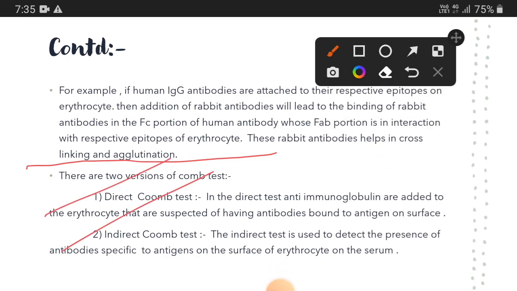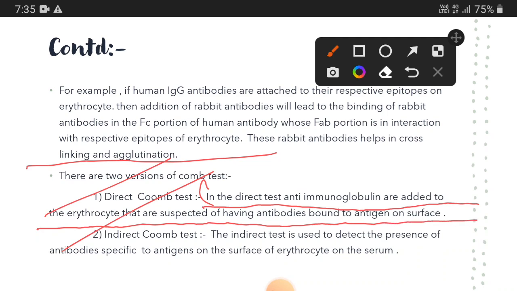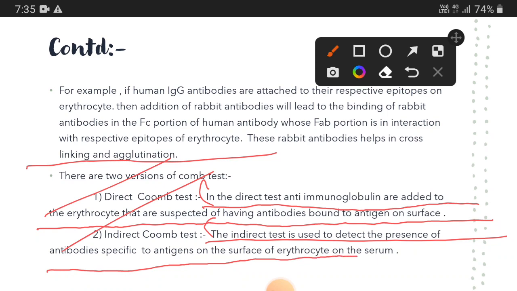So there can be two versions of the Coombs test: direct Coombs test and indirect Coombs test. In the direct test, anti-immunoglobulin is added to erythrocytes suspected of having antibodies bound to the antigen on the surface. In the indirect Coombs test, the test is used to detect the presence of antibodies in the serum specific to the antigen on the surface of the erythrocyte.